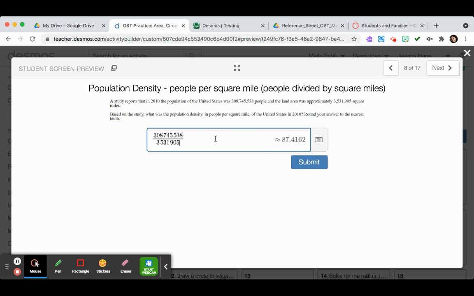And so we have, rounding to the nearest tenth, about 87.4 people per square mile.